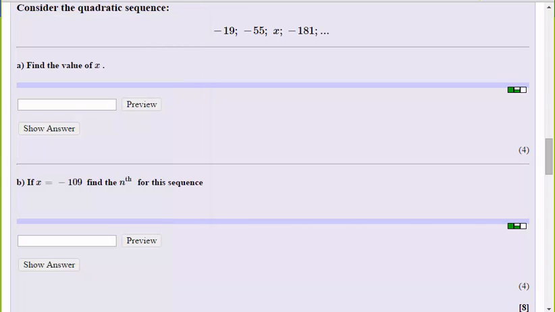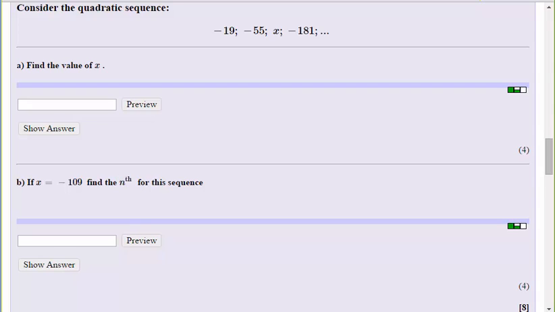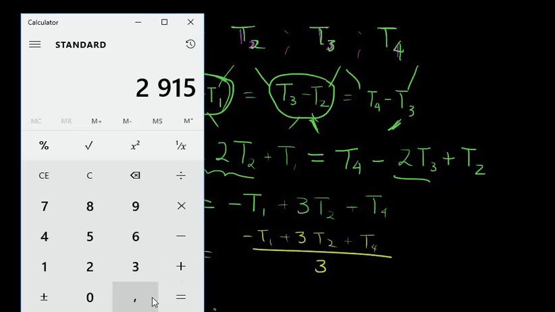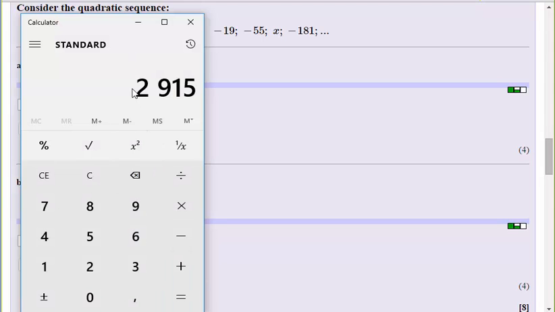Let's go back to my formula. Whoa, what's going on here? Term 4 looks fairly good, but I think I'm messing up my signs. Let's try again. So it's negative term 1, which is negative 19, so it's positive 19.